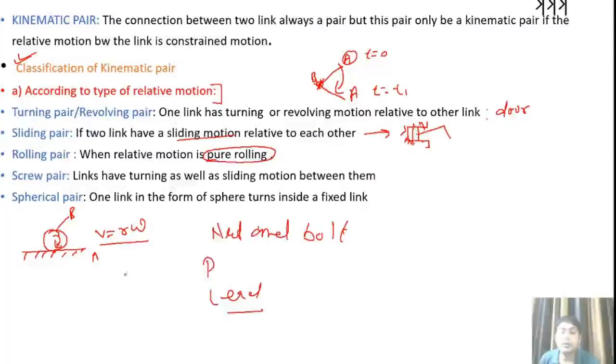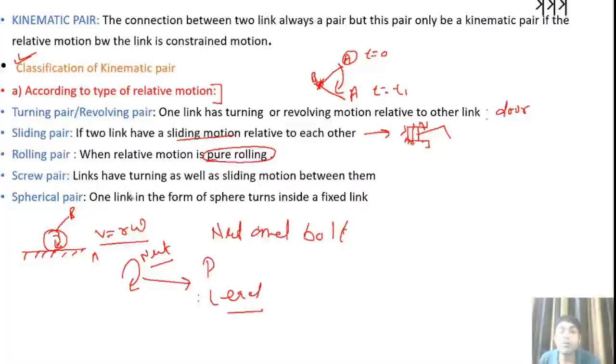If we rotate a nut or bolt, then the distance that it covers in one complete rotation is known as lead. So in this type of pair, there are both motions, turning as well as sliding motions. Then that pair is known as screw pair.